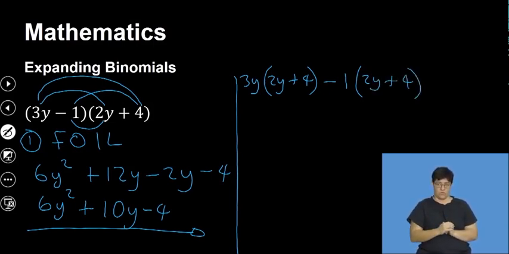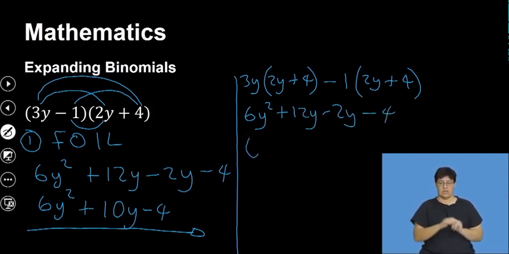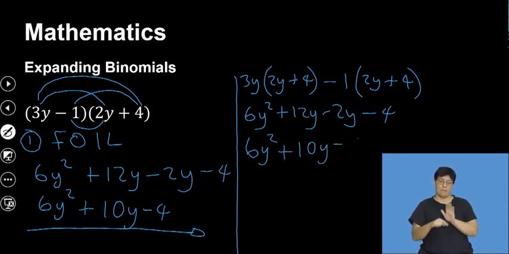And then you use your multiplication or your distributive property, which then it becomes 6y squared plus the 12y minus 2y minus 4. And then 6y squared will remain as 6y squared. There's really nothing I can do to it. Plus 10y minus 4.